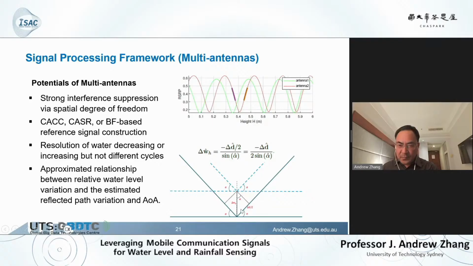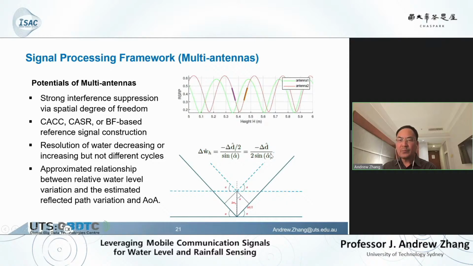This is because, as I mentioned, when the water level changes for a fixed connection between the user, like a mobile phone, and the base station, the actual angle of arrival changes only a little, a very small change. I think I have a figure later. So by assuming the angle of arrival doesn't change when the water level varies, we can get a simple relationship between the actual water level variation and the propagation path variation.